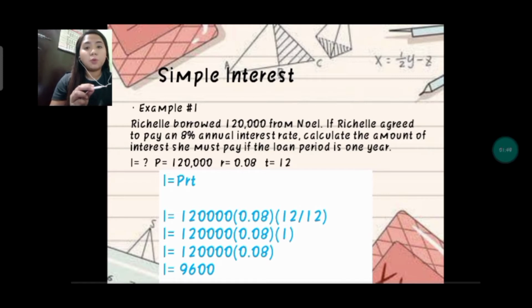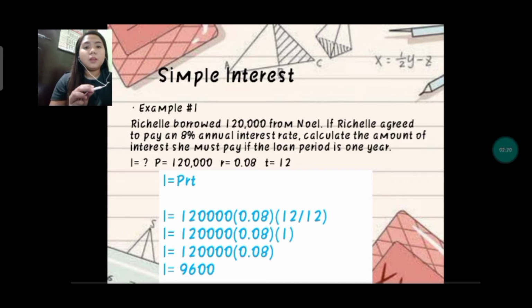You will get 0.08 times 12 divided by 12, because in 1 year we have 12 months, or simply put 1. Then I = 120,000 × 0.08 × 1, which is 120,000 × 0.08, because 0.08 times 1 equals 0.08. 120,000 times 0.08 is equal to 9,600.